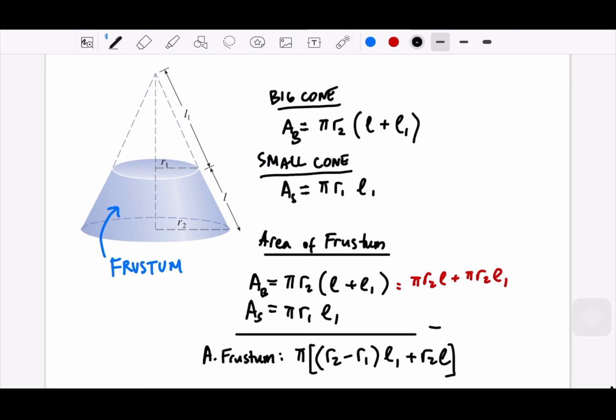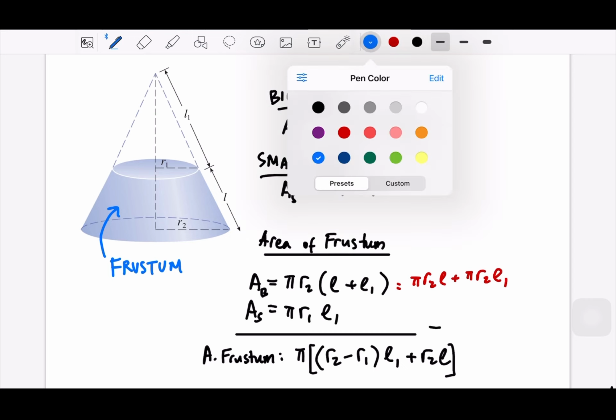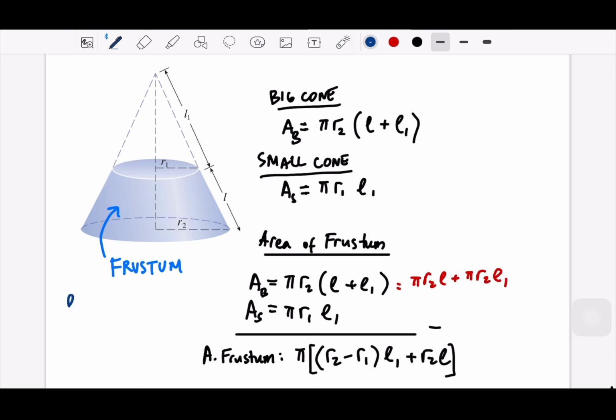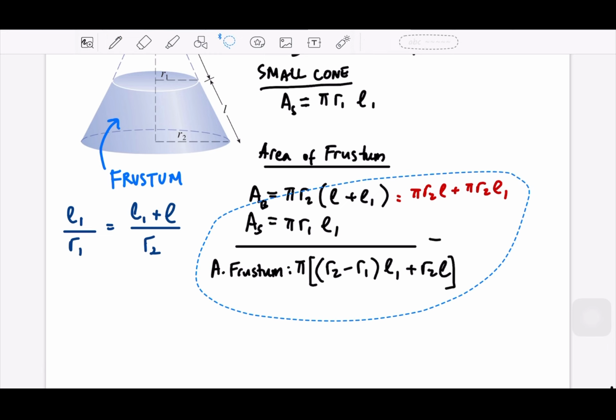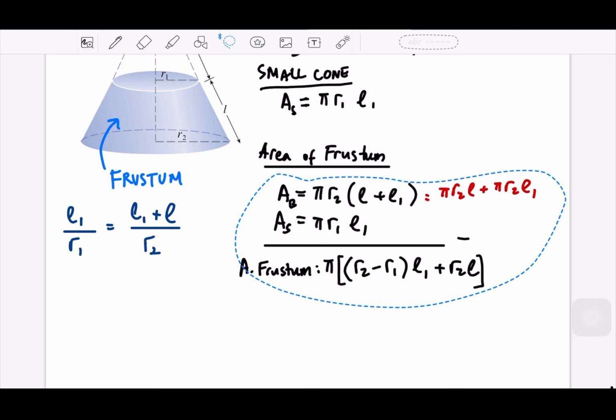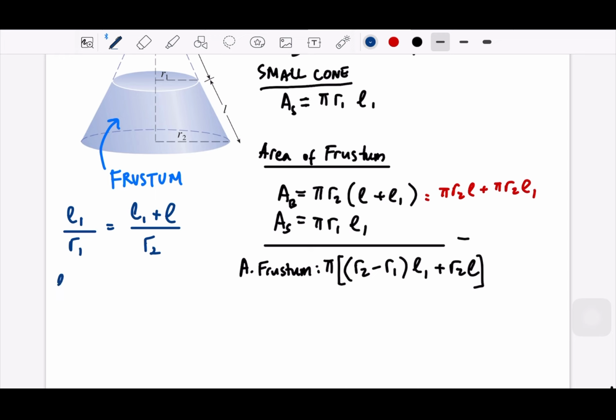So let me write here with the blue. The small one and the big one, okay. And then from here we can simplify it.